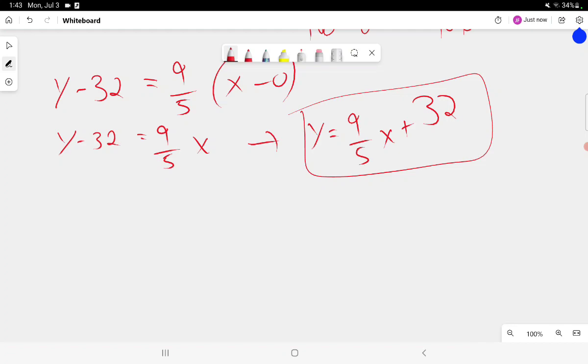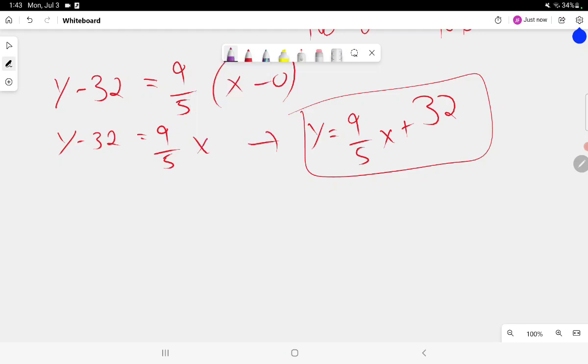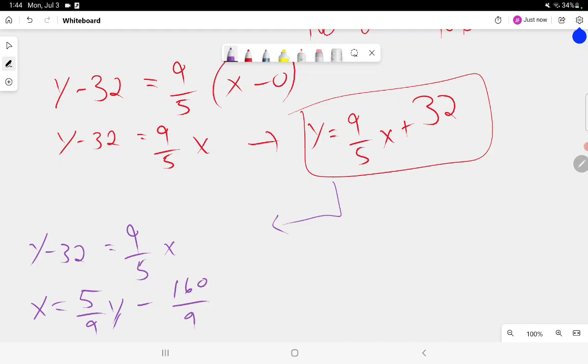Now, if we wanted the equation going the other way, well, we already actually have this equation, so we may as well use it. We could go right back through from the beginning, but we may as well just go straight from this and solve for x. So that's going to be y minus 32 is equal to 9/5 x, which means that x is equal to 5/9 y minus 32 times 5/9, which is 160/9.